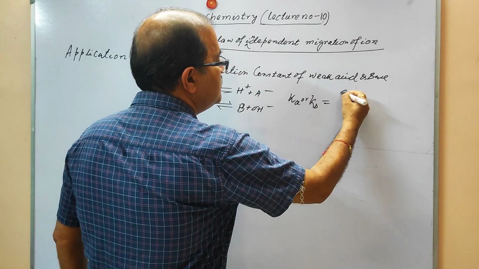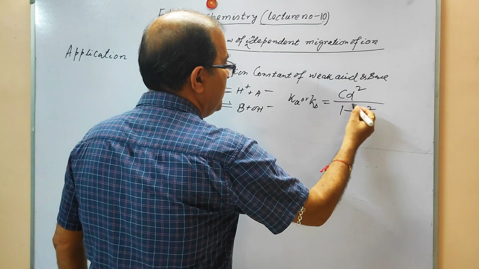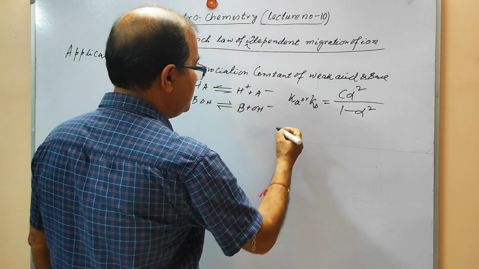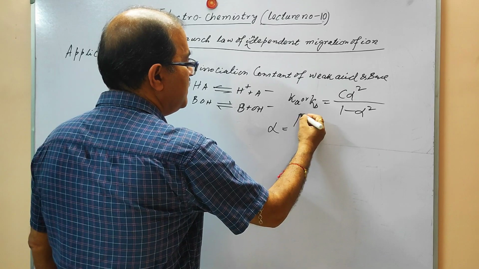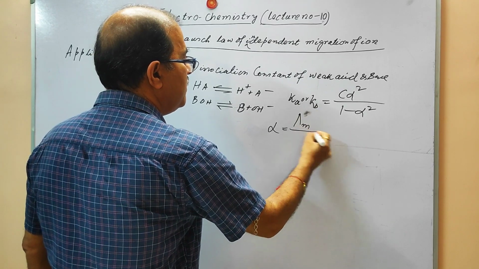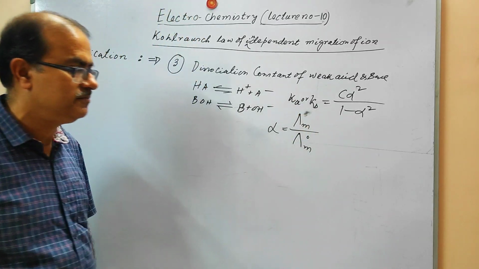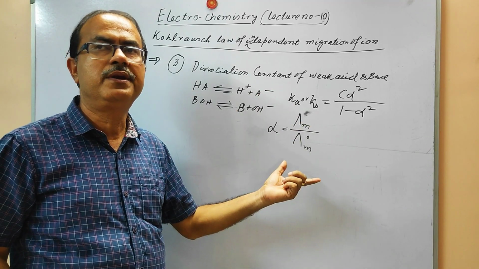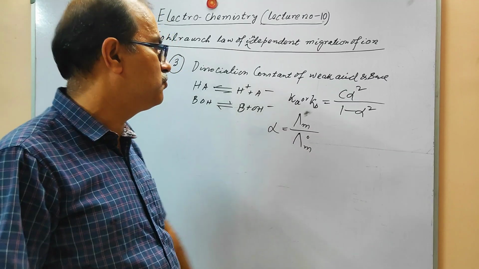We can write this as C alpha square by 1 minus alpha. Alpha is the degree of dissociation. So if we know the degree of dissociation, alpha is the ratio of the molar conductivities, that is the molar conductivity at concentration C, lambda m, and molar conductivity at infinite dilution, lambda 0.